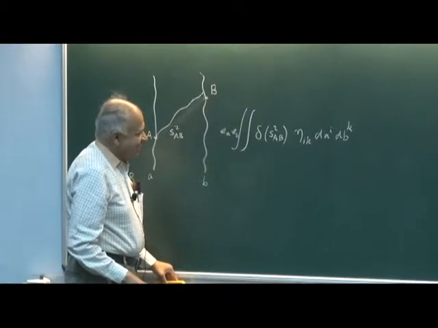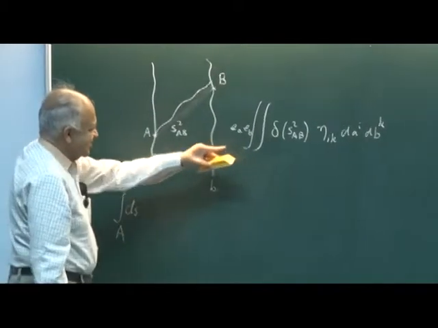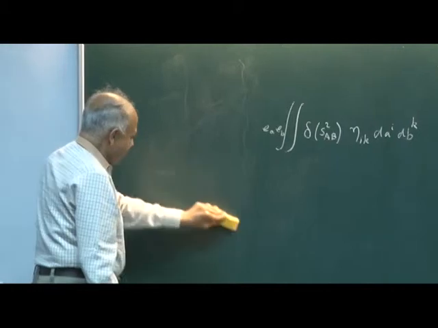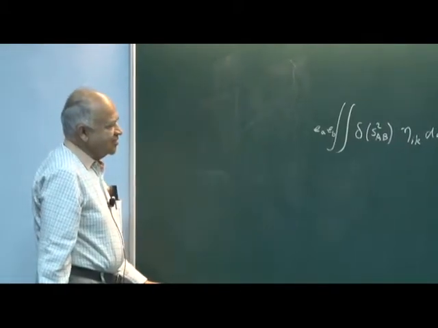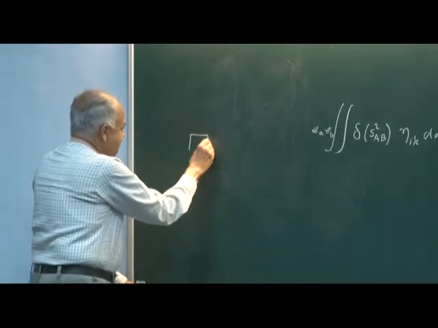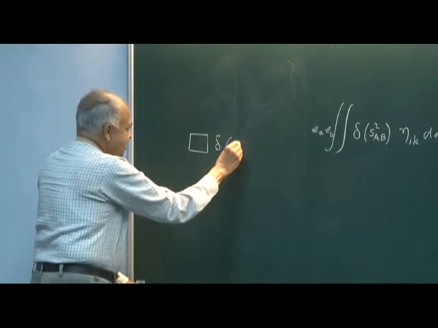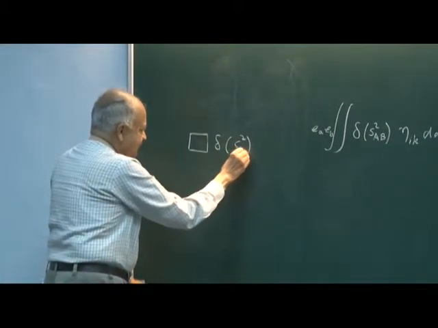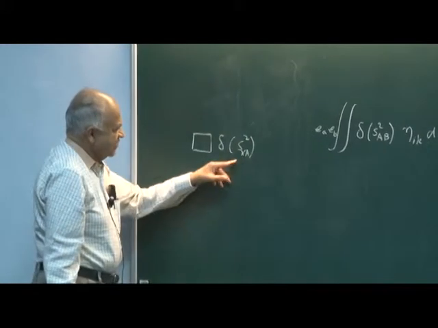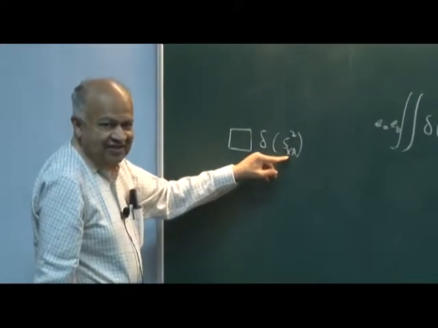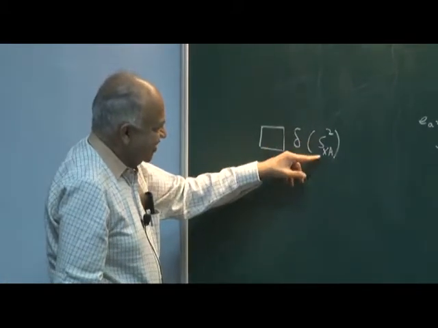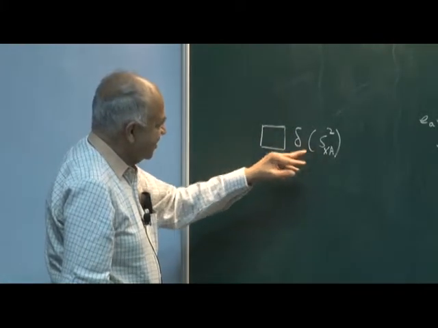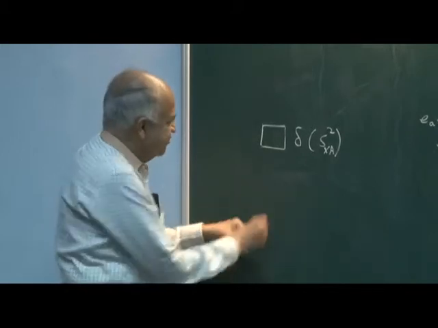So, why does this happen? First let me take this flat space-time example. Why it works in flat space-time is because of the wave equation satisfied by delta of S square(x, a). That means I am taking x as a general point, a is a fixed point, and S square(x, a) is defined, and this is a delta function of that, and you apply the wave operator with respect to x.